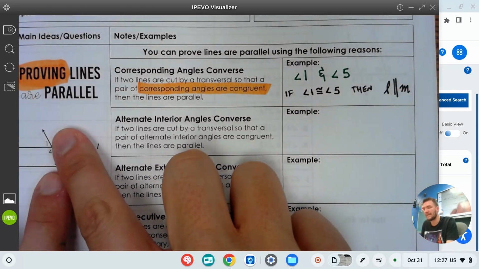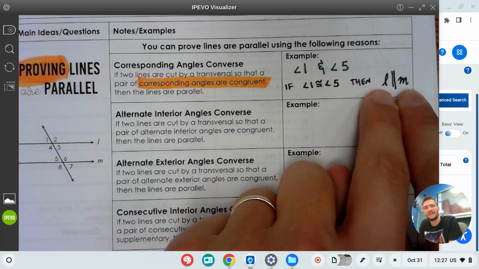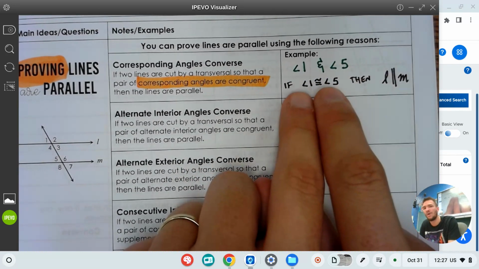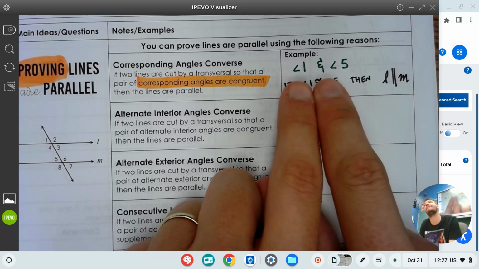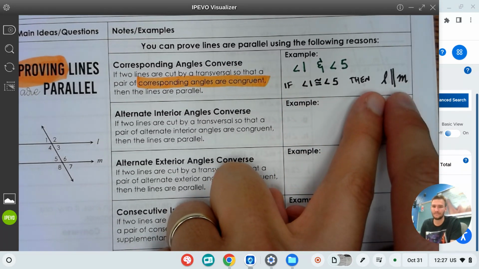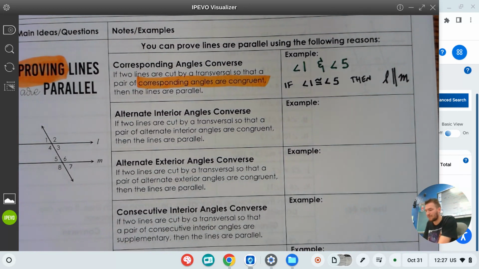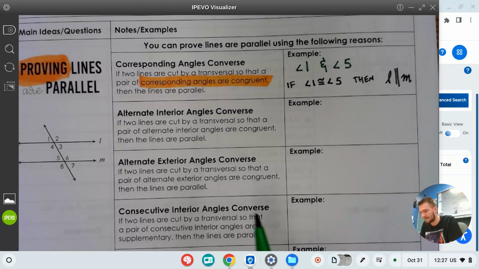What this question is saying is, instead of starting with L parallel to M so that I know 1 is congruent to 5, we're going backwards. If 1 is congruent to 5, I know these are parallel. Trust me, it is not all that bad, okay?